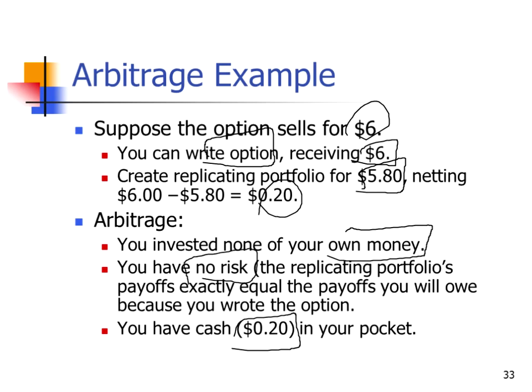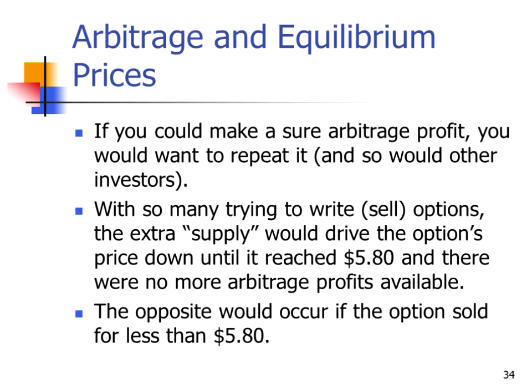You have cash of 20 cents in your pocket. What other things do you want? Is there a better scenario? So learn this trick and use it and make money.